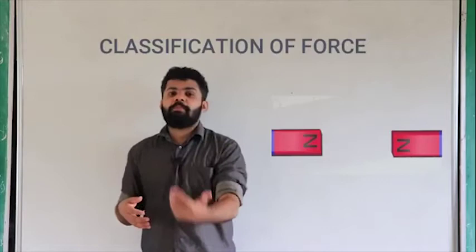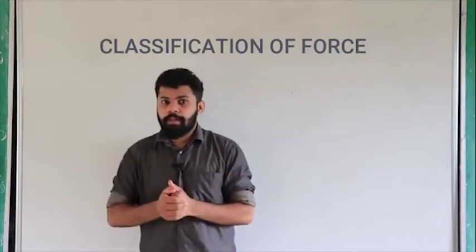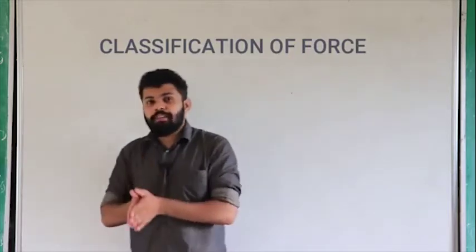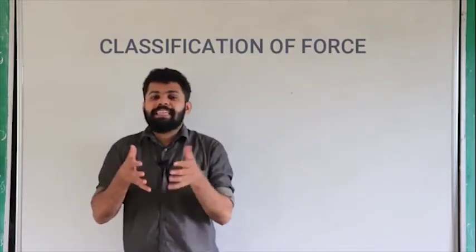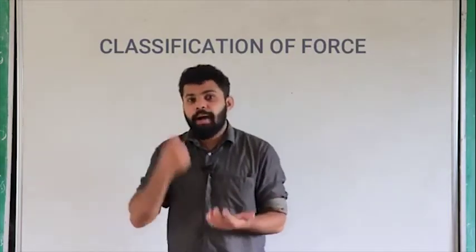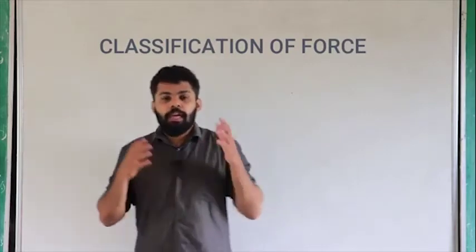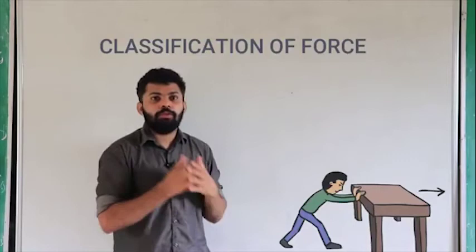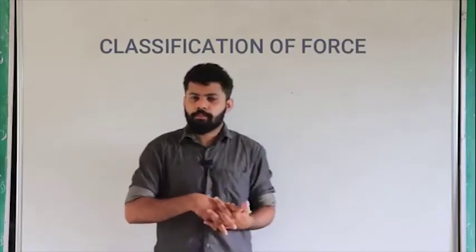Then the second type is contact force. Contact force means the 2 objects are interacting with each other by contact. If I am pushing the table, I need to contact that table, no? So that is a contact force.